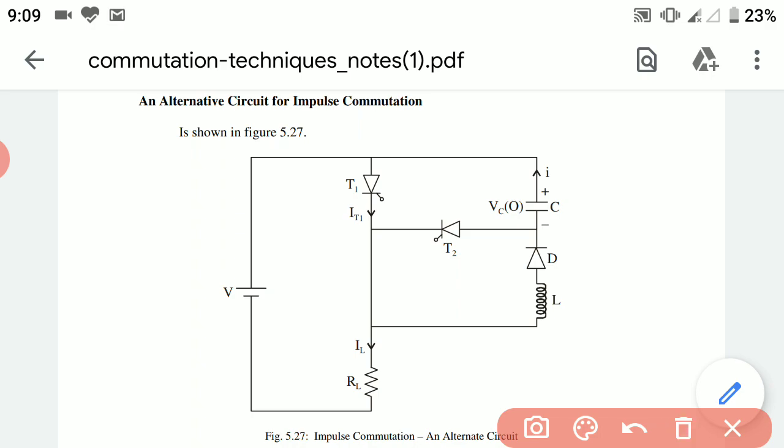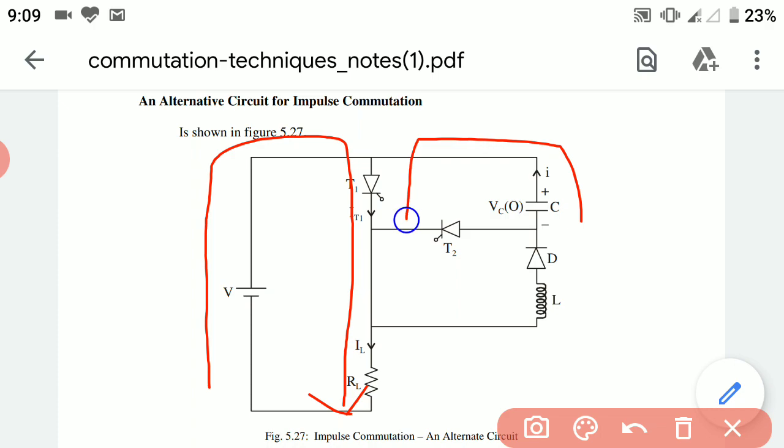So the current from the battery flows through the thyristor T1 and load RL like this. Here the capacitor C also acts like a battery, and the current starts flowing through the thyristor, through the inductor L and through the diode D like this. Some current also flows through the load resistor like this.